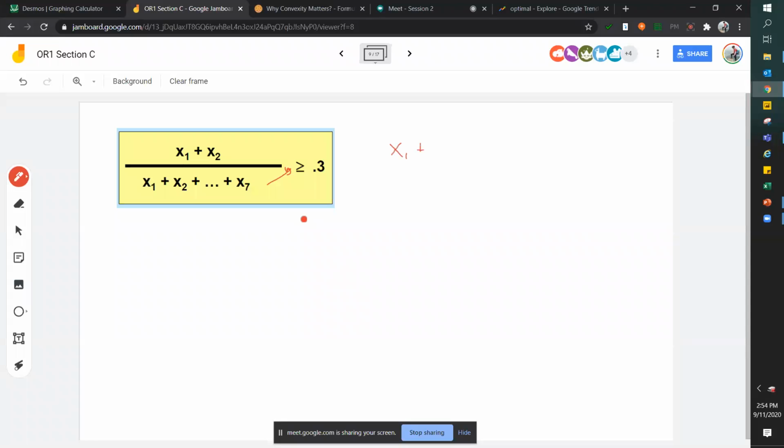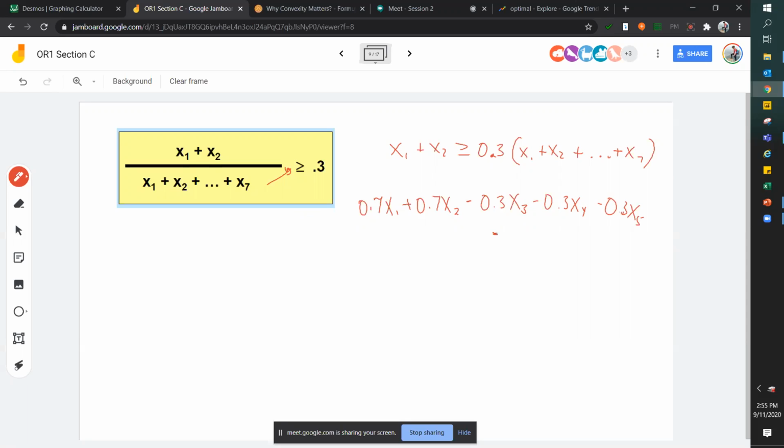So, we have x1 plus x2 greater than or equal to 0.3 multiplied by x1 plus x2 plus x3, x4, x5 hanggang x7. Tapos, transpose lang tayo. The resulting equation is 0.7 x1 plus 0.7 x2 minus 0.3 x3 minus 0.3 x4 minus 0.3 x5.